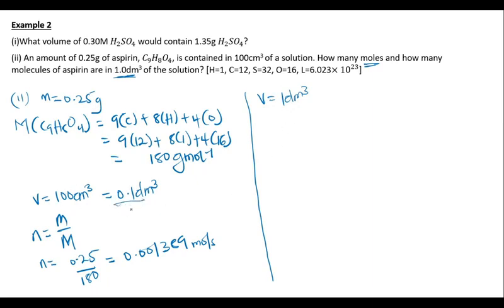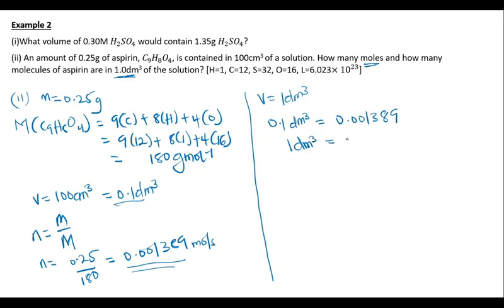So if the mole in 0.1 dm cube is equivalent to 0.001389, then the mole in 1 dm cube will be equivalent to what?